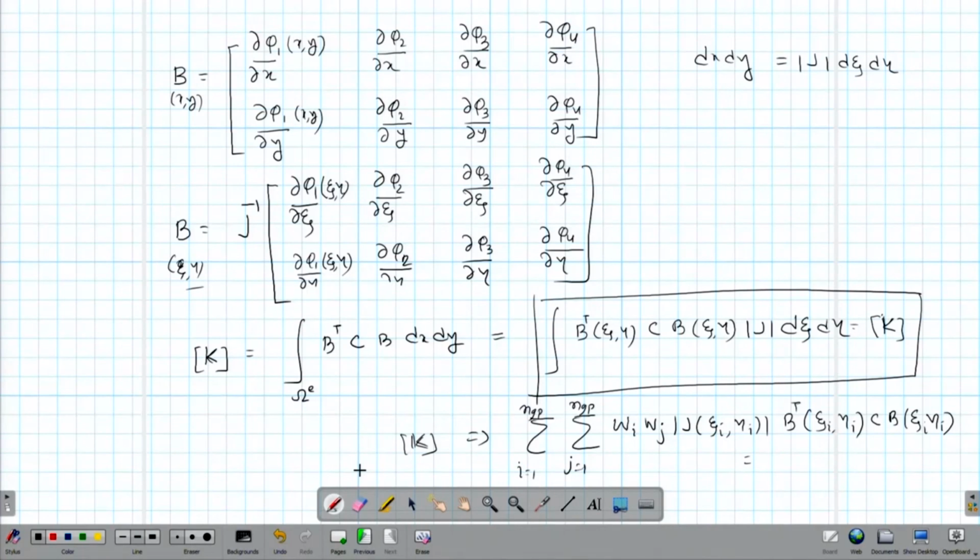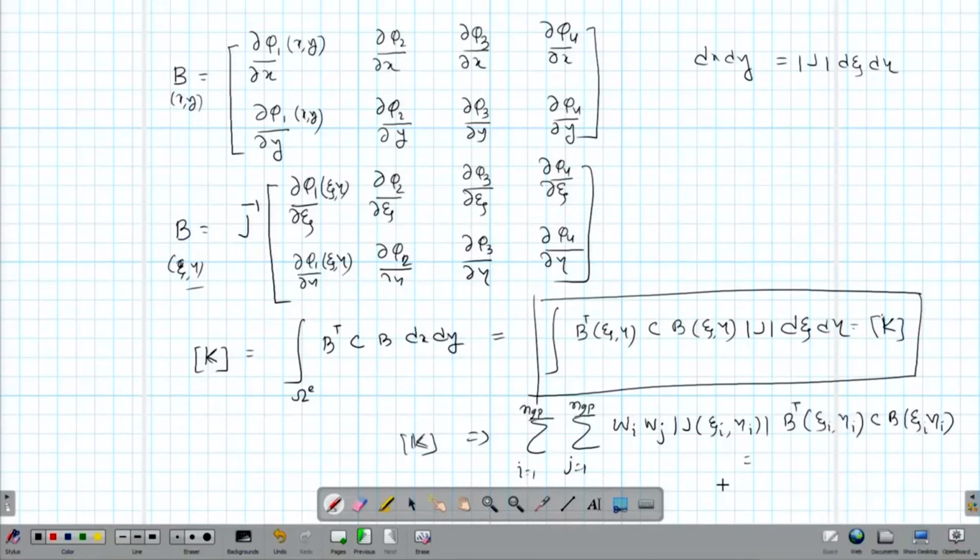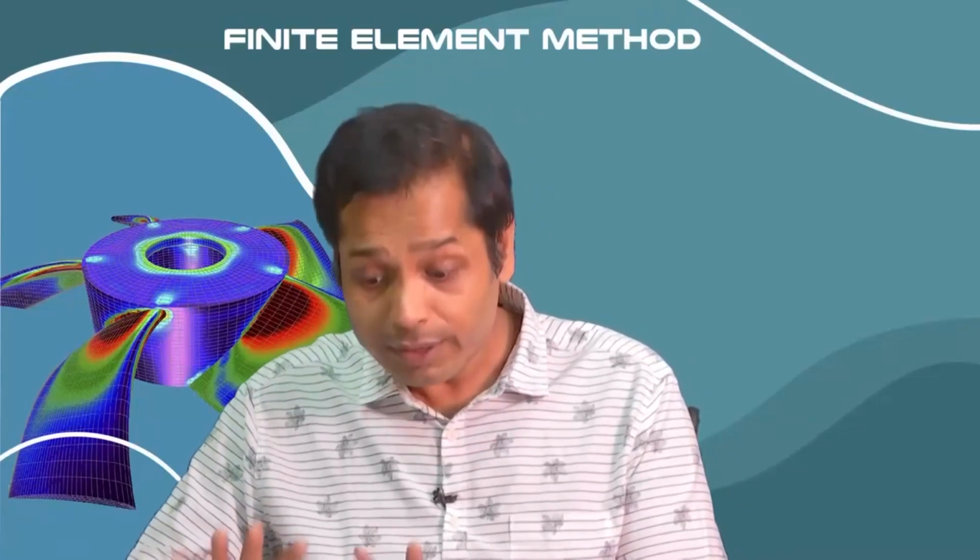Now, we just understood the theory. In the next class, we will take the same example of heat conduction we had taken in the last class. In the last class we used a triangular element. Next class we will take a quadrilateral element, where we use this concept of isoparametric formulation, and then see the solution.